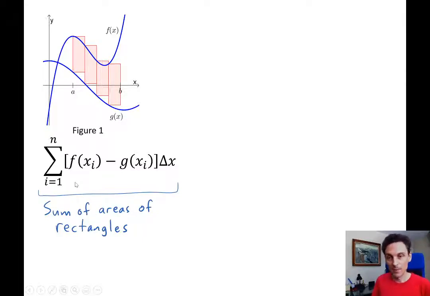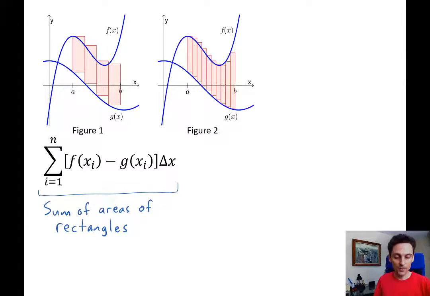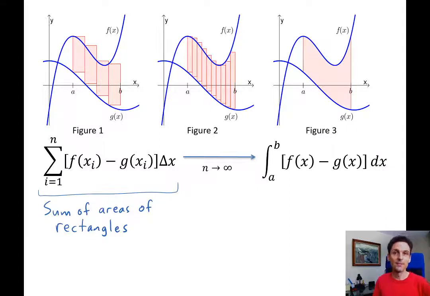Then, as we remember from our calculus skills, we can take the limit of the sums of the areas of these rectangles as n, the number of rectangles, or the number of subintervals, approaches infinity. And that's going to approach the true area between these two curves, which we represent notationally using the integral symbol, so using a definite integral.